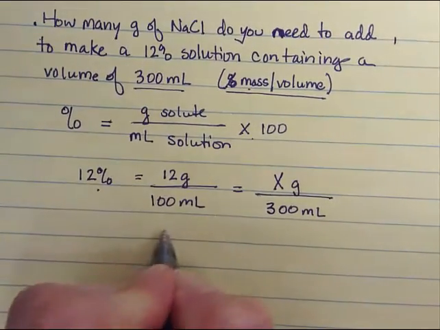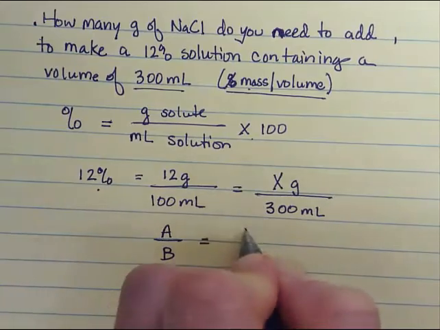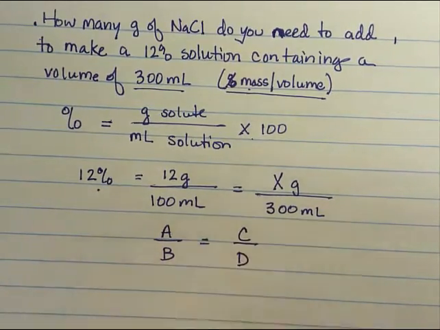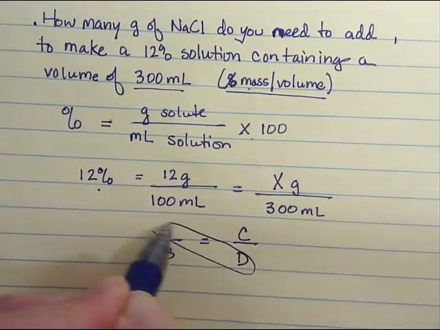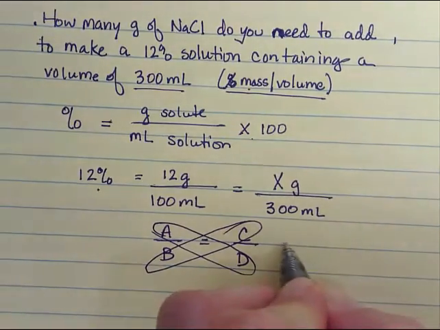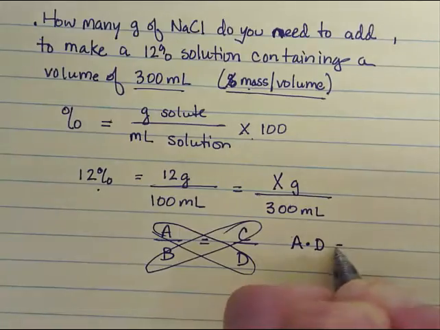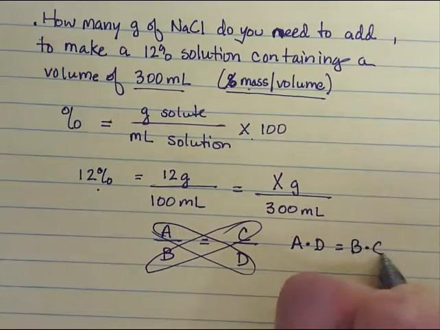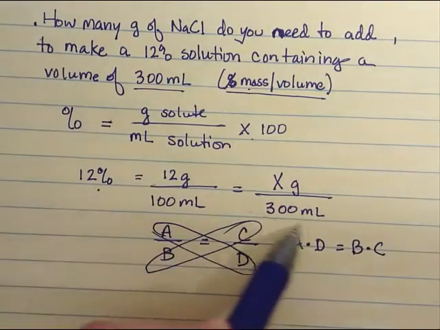So if we have proportions that are going to be equivalent to each other, this comes from our A over B equals C over D equation, and we can do cross multiplying to actually solve for an unknown. So you could say this is also equivalent to saying A times D equals B times C. So we're going to do that for our equation as well.